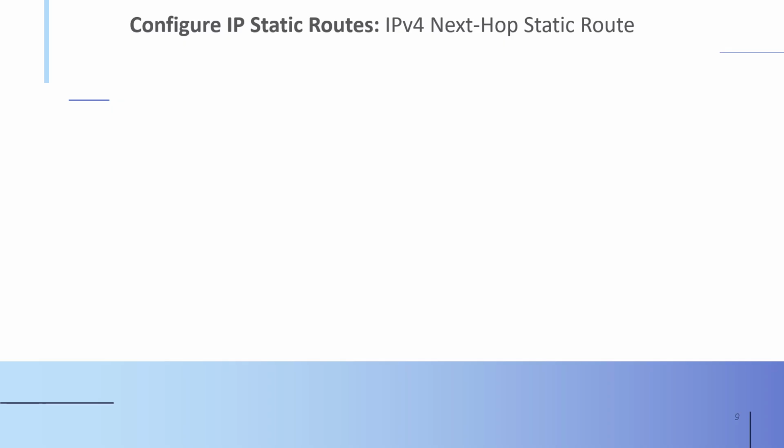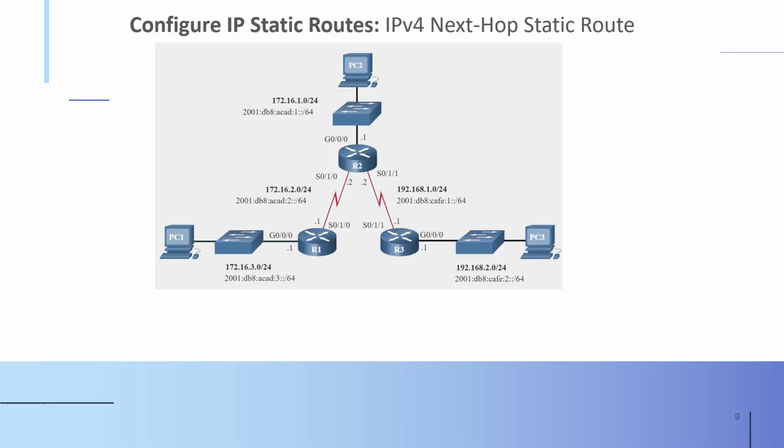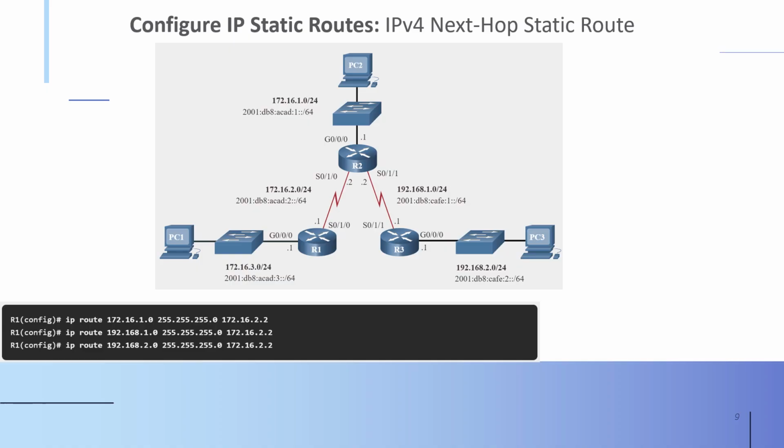For example, the 3 next hop IP static routes are configured on router 1 using the IP address of the next hop, router 2. So here it is showing the commands to configure router 1 with the IPv4 static routes to the 3 remote networks.